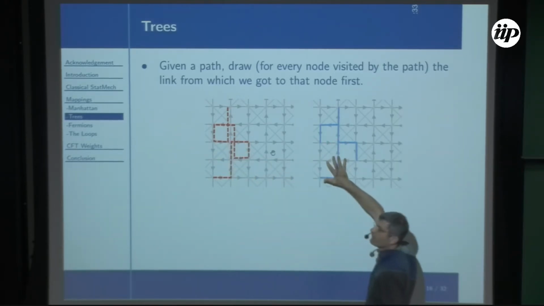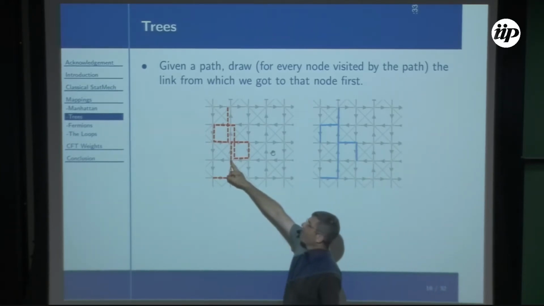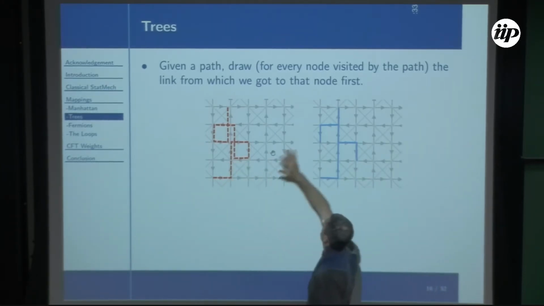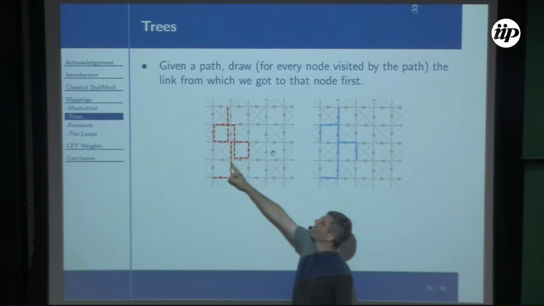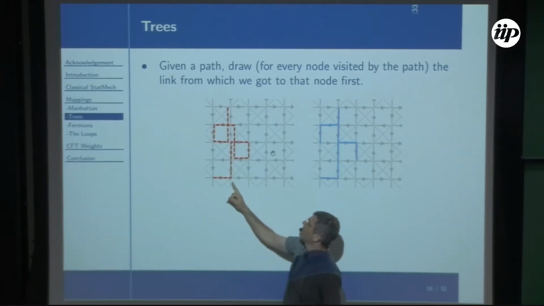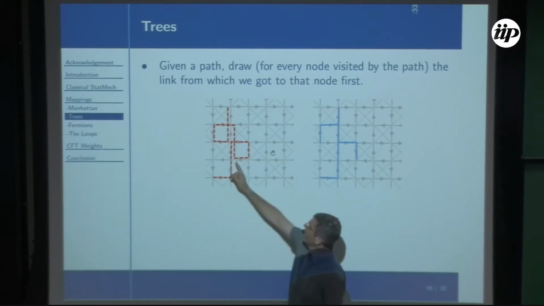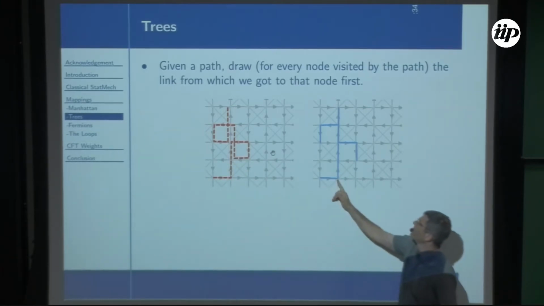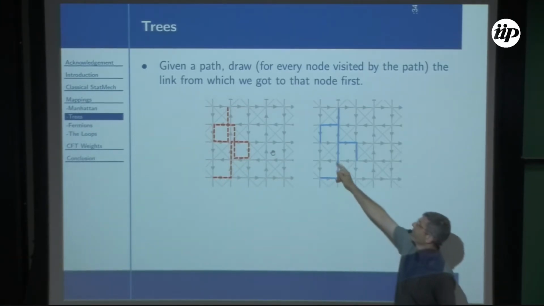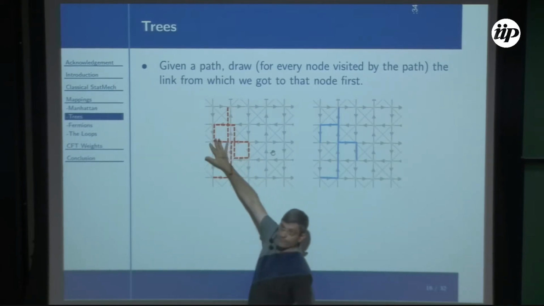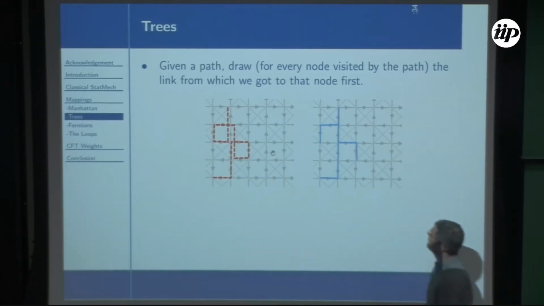It visits the same vertices on this tree. But for every vertex the path visits, we only draw on the tree the link that led to the first visit on this site. For example, this site is visited twice, the first time here and the second time from here, but the tree will only contain the first visit. And the same for other points. So this gives us a tree related to a path.